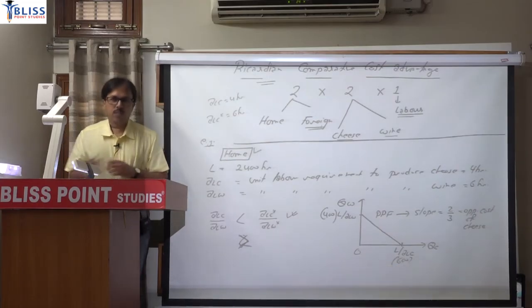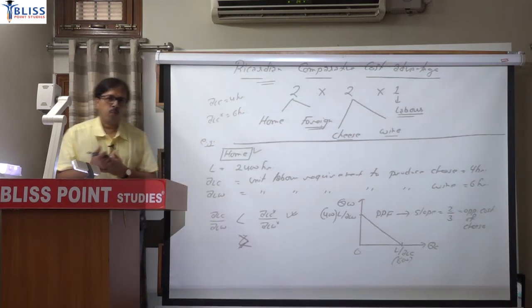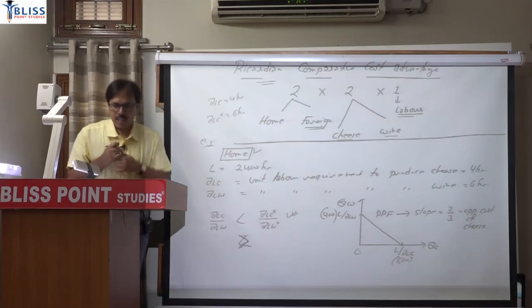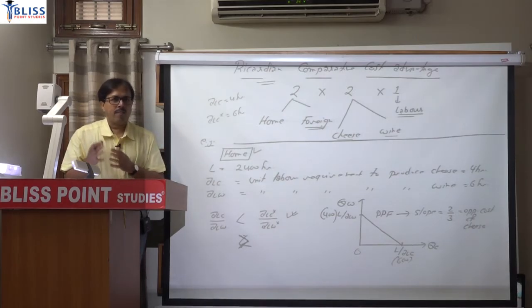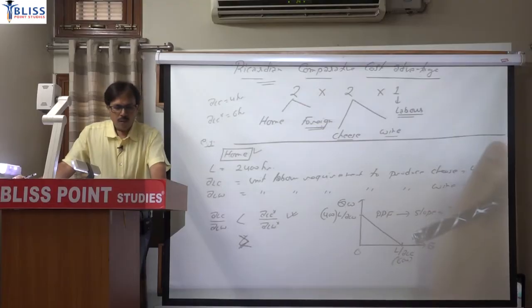This approach in which international trade is arising due to international difference between productivity of labor is known as a Ricardian model of international trade.